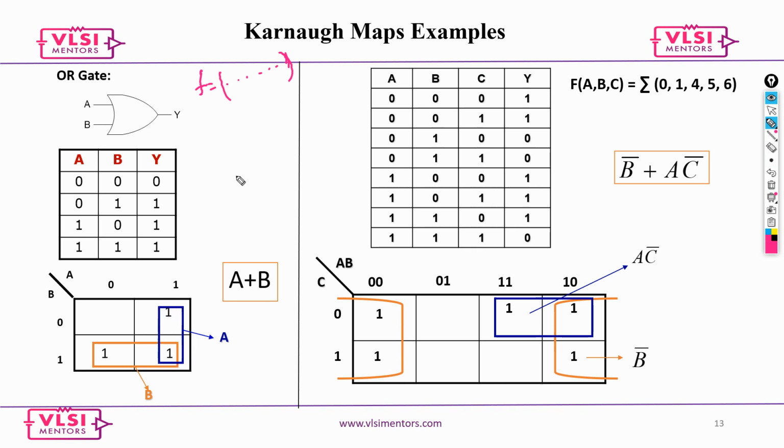The way we group is 2 to the power n, n being the number of inputs. So for example, in this case 2, 2 times 2, that means 4 ones. If you have all the 4 ones, then the output is basically 1.